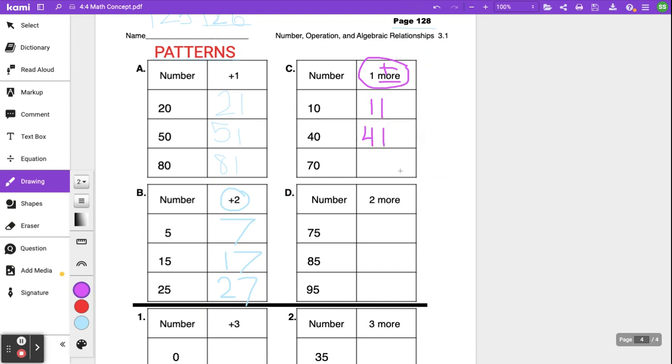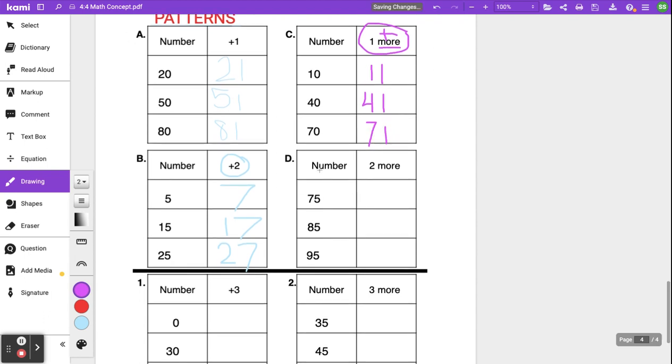Do you see what's happening here? 10 plus 1 is 11. 40 plus 1 is 41. They both have a 1 in the ones place. 70 plus 1 is 71. Very good.